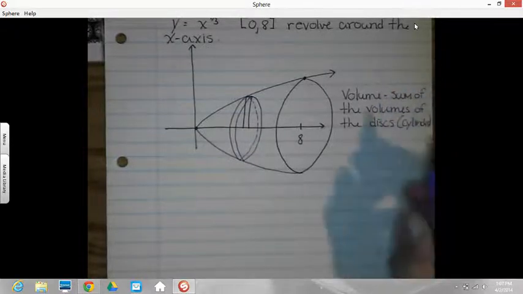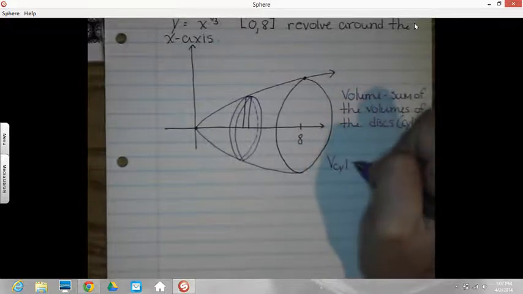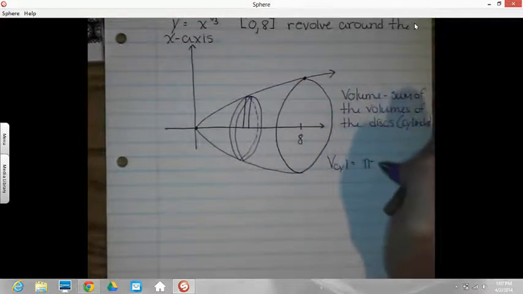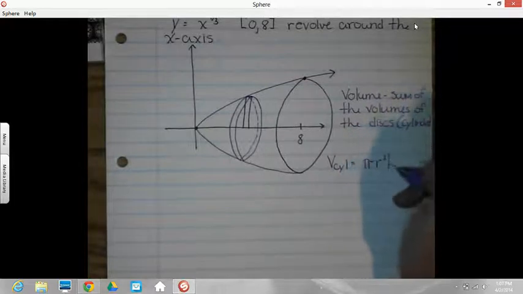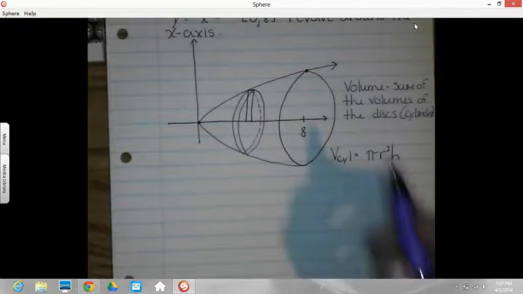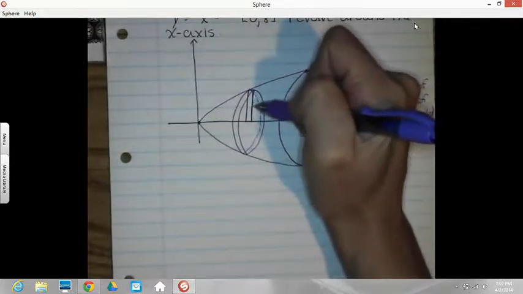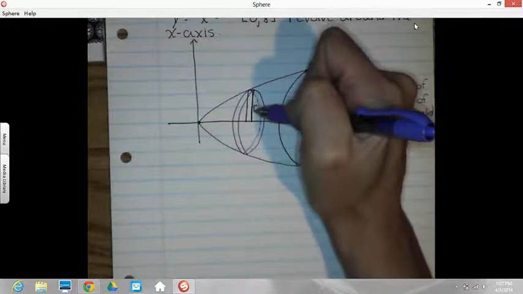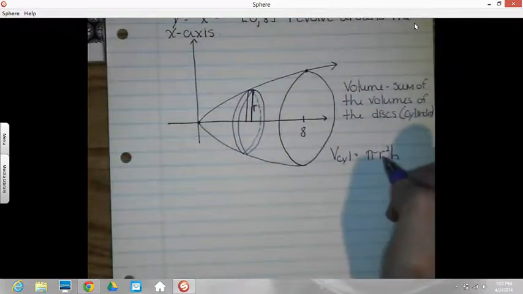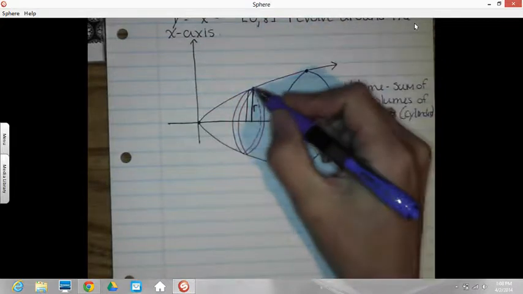And remember, the volume of a cylinder is pi r squared h. So if you take a look back at our cylinder, the radius is determined by the height of our rectangle. So there's our radius. That's our r value. So our r is our height, and our height is determined by our equation, like top minus bottom.